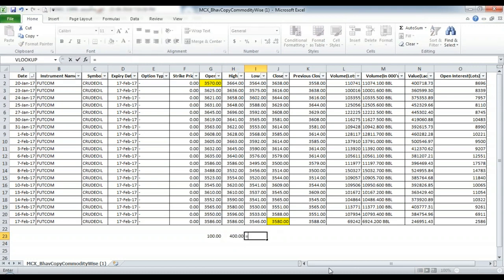Then how much are they spending? This into this, correct? 40,000 rupees. Now this 100 barrels is nothing but consumption, and this is nothing but cost. So this is consumption and this is cost.